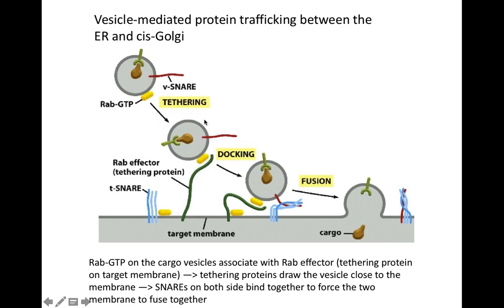This is followed by docking, which takes place between v-SNARE and t-SNARE. The third step is fusion, where the membranes of the two structures are fused together and the soluble content is released, while the vesicle itself becomes part of the membrane of the Golgi apparatus. The membrane-associated proteins stay embedded in the membrane.